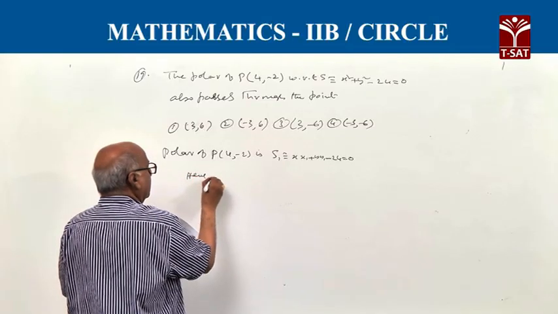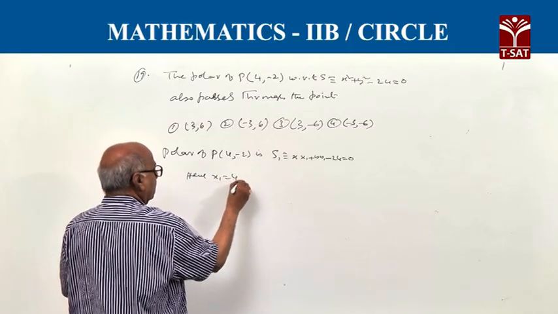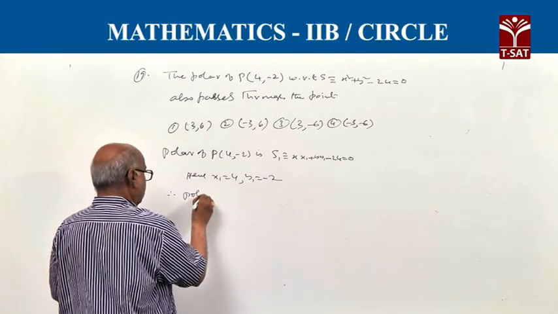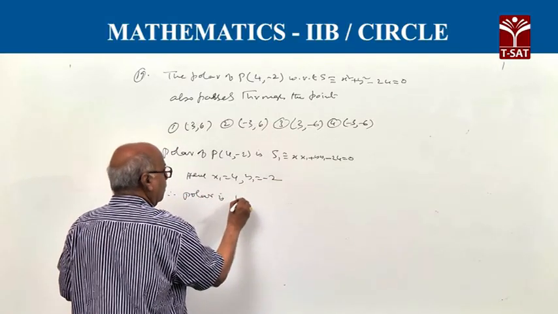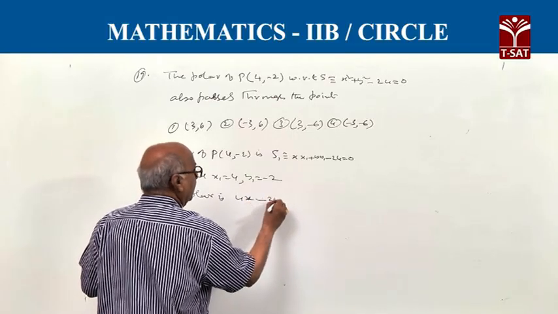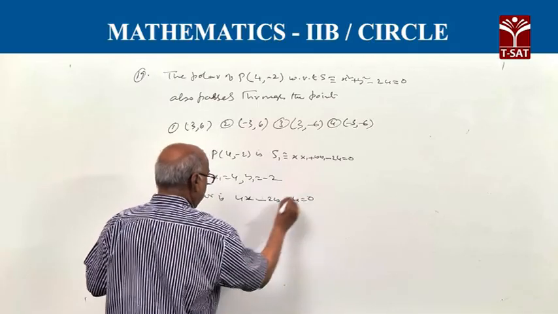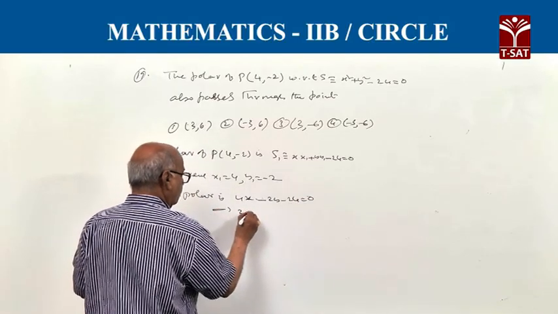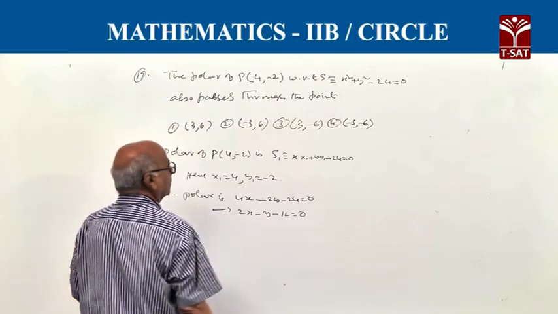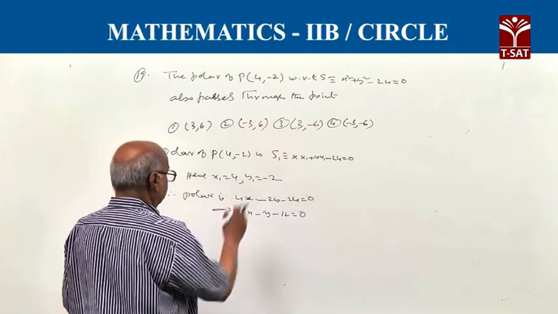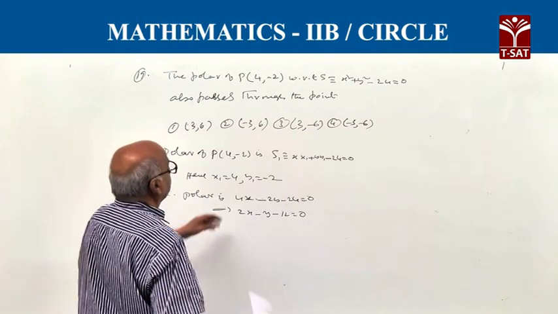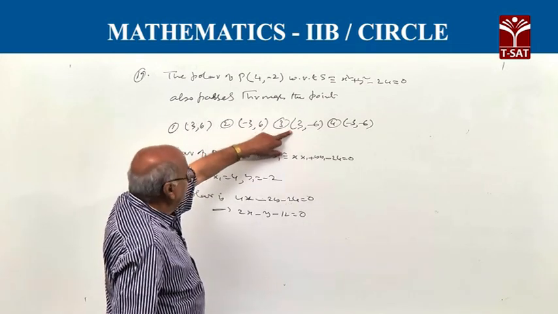Here x1 is equal to 4, y1 is equal to −2. So, therefore, the polar equation is 4x − 2y − 24 = 0. That means 2x − y − 12 = 0. Now, you have to substitute the values.